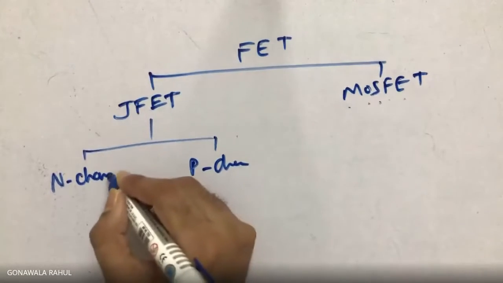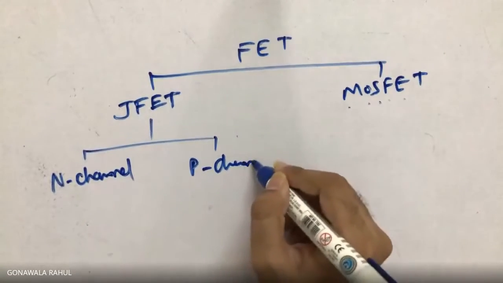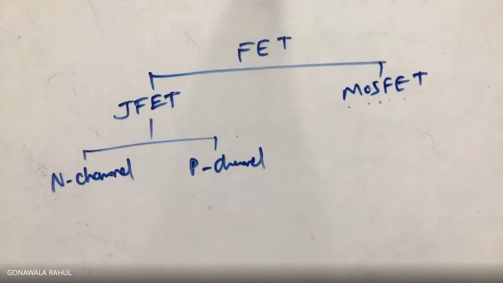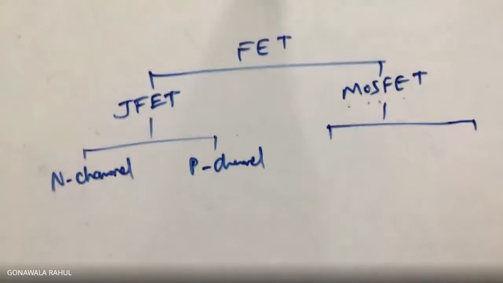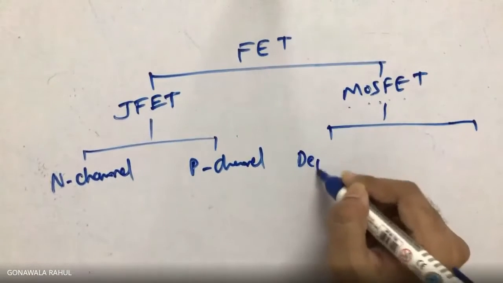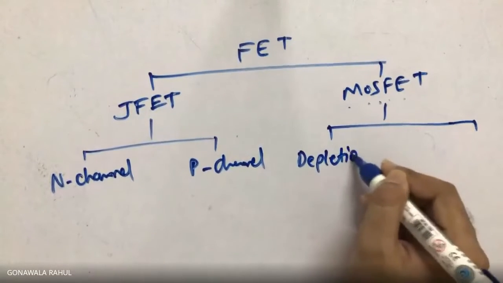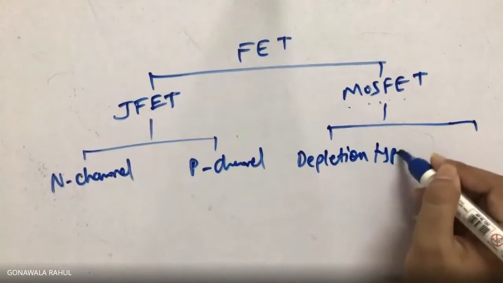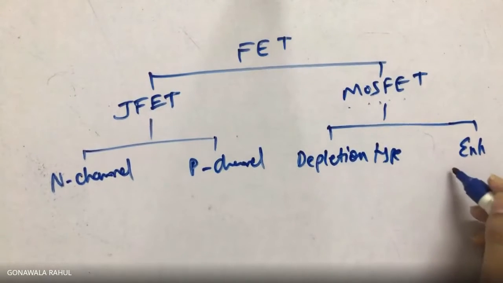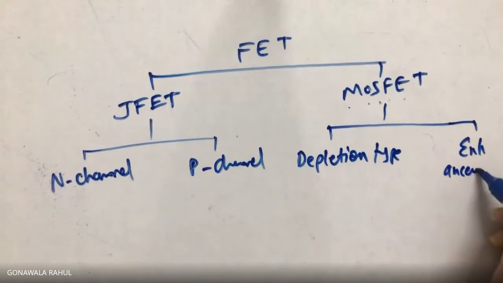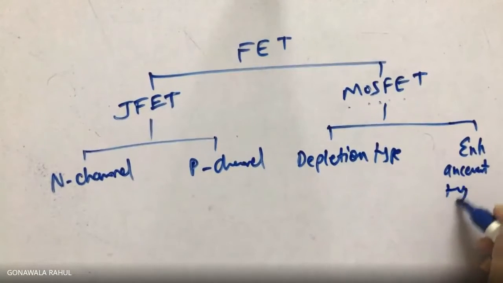MOSFET is again classified into two types, that is depletion type and enhancement type.